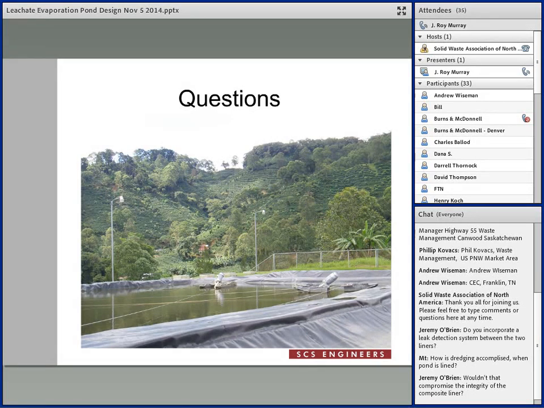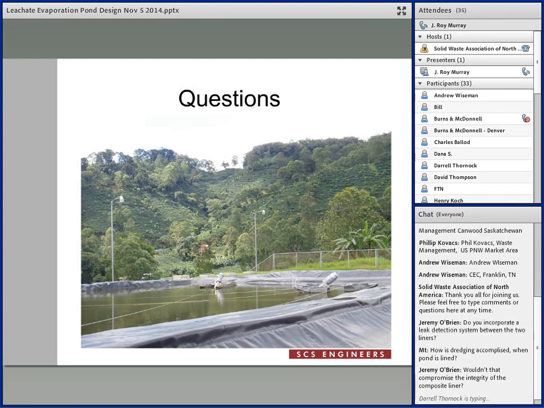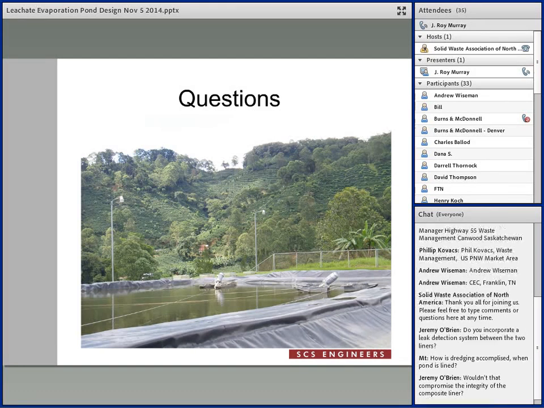Going back to the question about how dredging is accomplished when the pond is lined, and wouldn't that compromise the integrity of the composite liner? What you would do is simply go in and take off the top whatever sediment has accumulated.